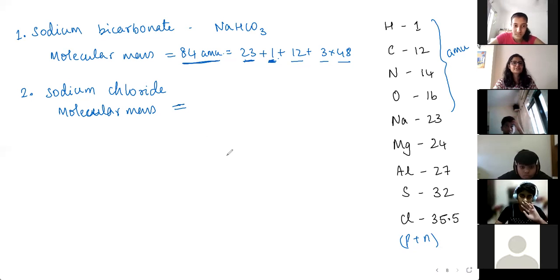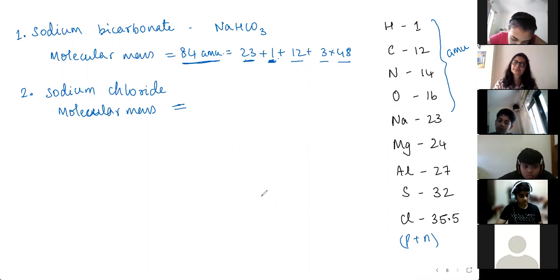Aryan, check the addition. The mass of sodium is 23, the mass of chlorine I've given is 35.5. So what will the overall sum be? Samriddhi, just check your answer. I don't know if you added it wrong or if it was a typo. Just check it.